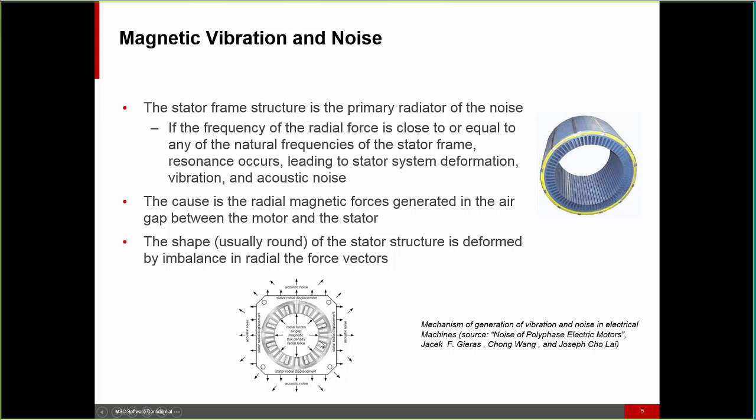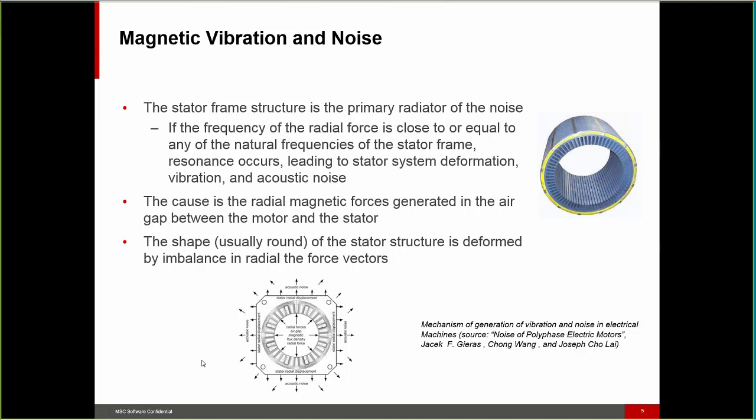If you see here in this illustration, the radial force is applied on the stator teeth right here. The purpose of the forces generated in the air gap is to have only the tangential force cause the desired movement, which is the rotation of the rotor.